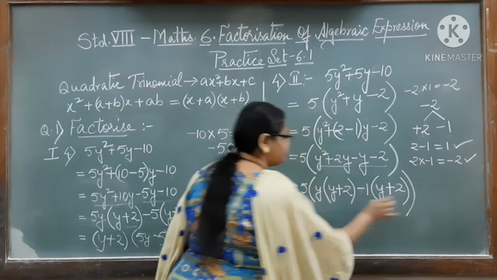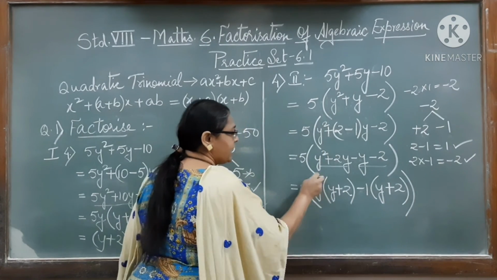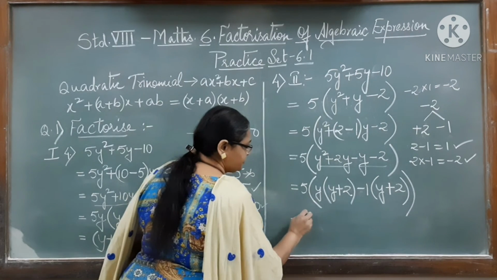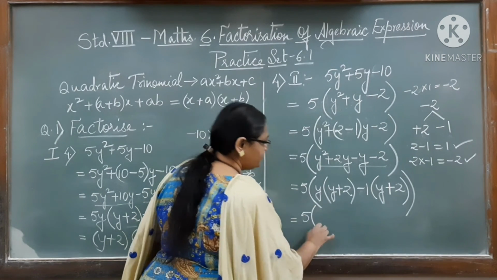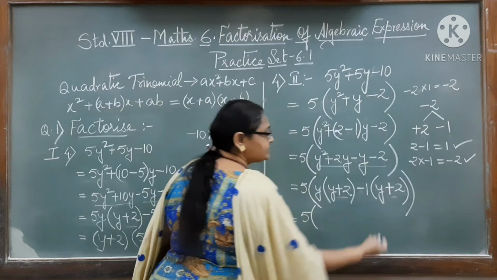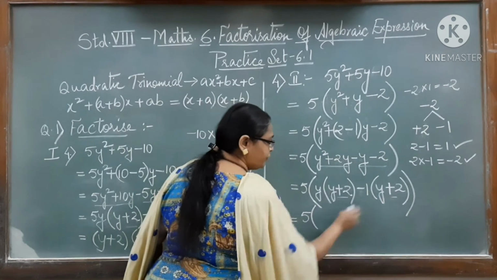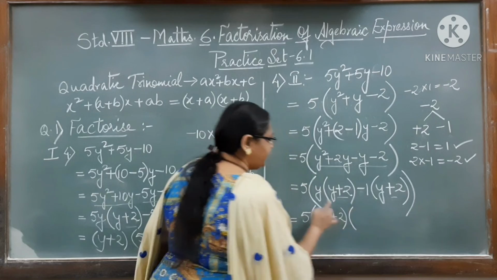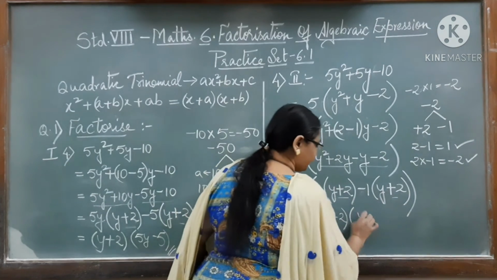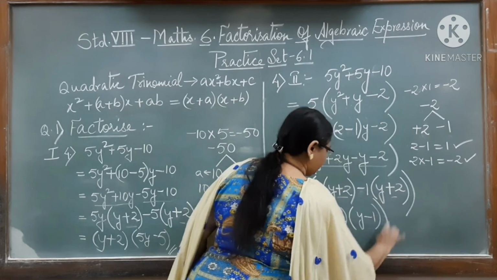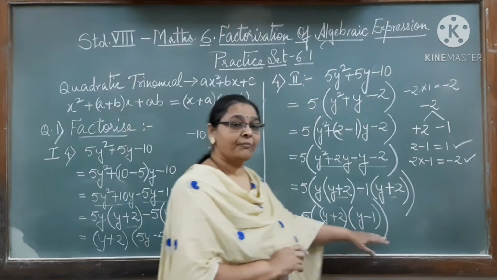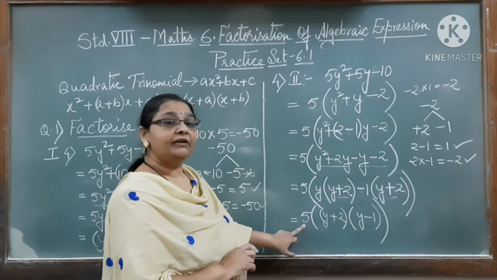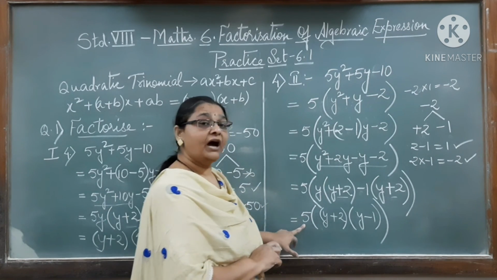Remember, I have to consider the bracket because we are writing a common term over here. So that is equal to 5 into, there are two factors now. One which is common over here, y plus 2 and the remaining y minus 1. So these two are the common factors. Taking common term 5 outside.